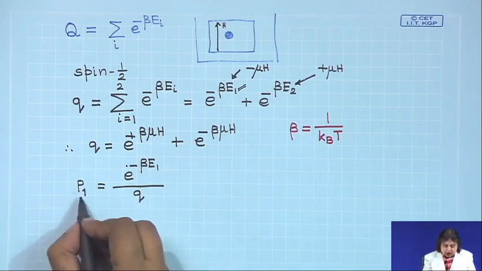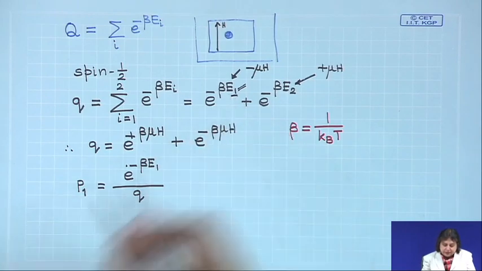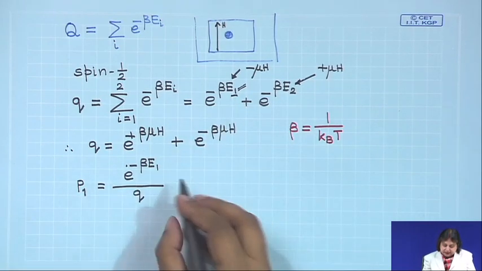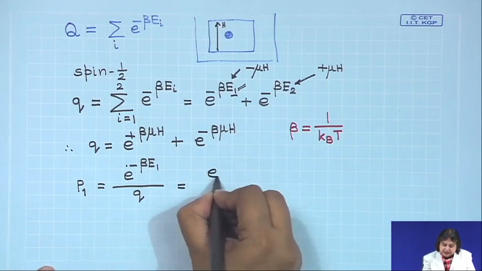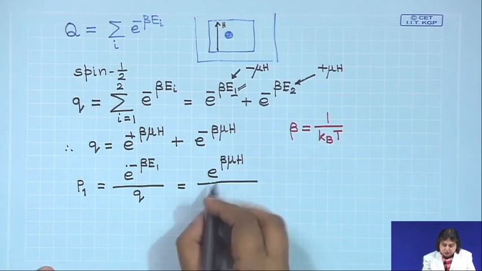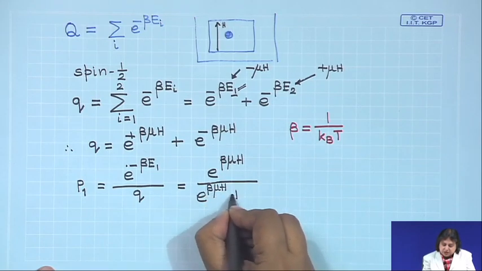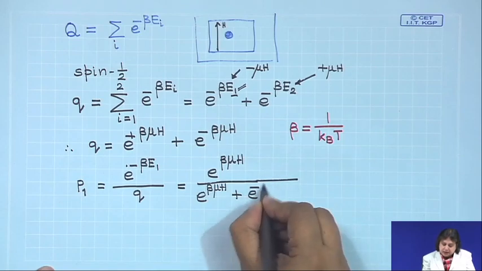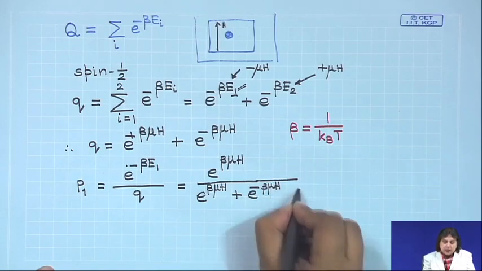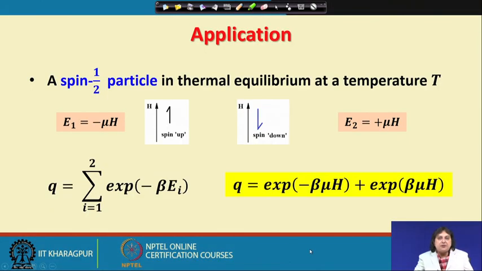By definition, P i is e to the power of minus beta E i by q. Here my up spin corresponds to the index 1, and therefore I am writing it like this. Writing it explicitly, this is equal to e to the power of beta mu h divided by e to the power of beta mu h plus e to the power of minus beta mu h. Clear? So, that is the result that we have put up here.